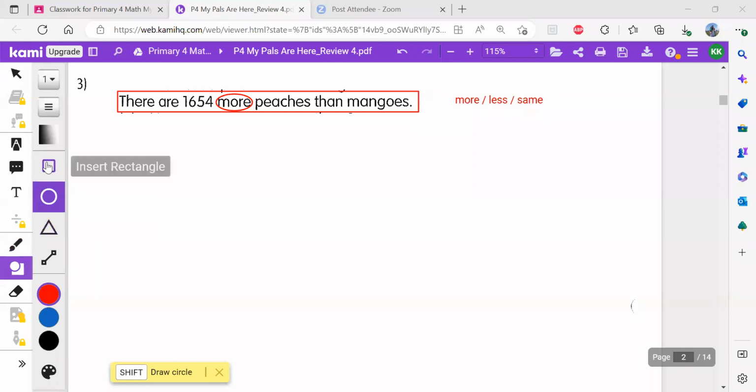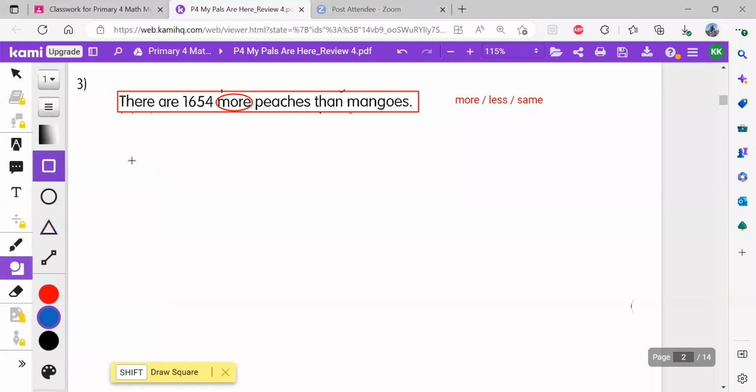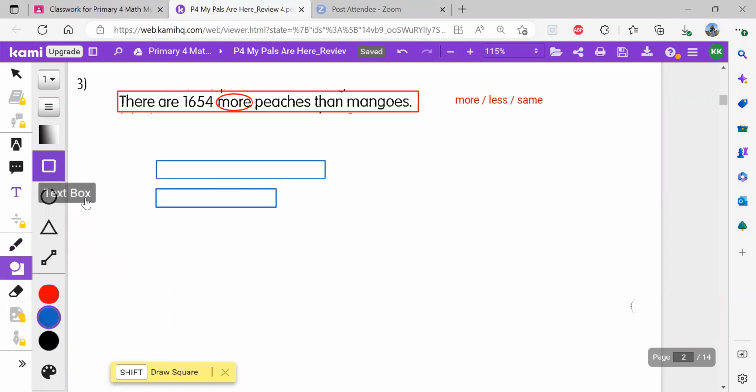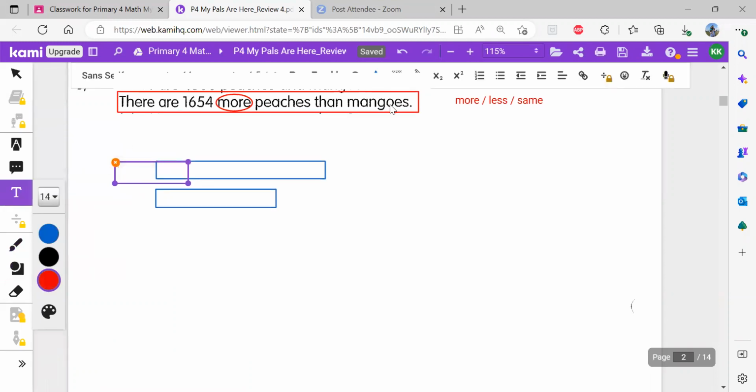To do that, we're going to draw one long rectangle which represents the peaches, and another shorter rectangle to represent the mangoes. I'm going to label them. This is the peaches. This is the mangoes.